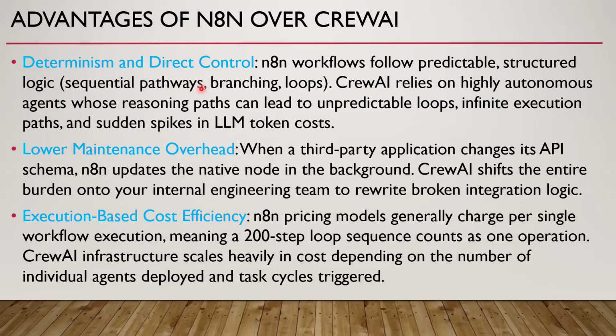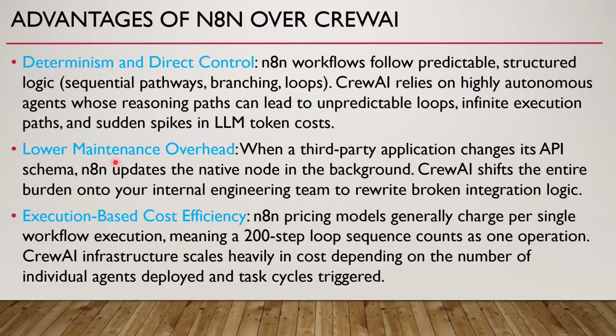Crew AI also has a lot of tools available, but they are used in the form of Python functions. Determinism and direct control: N8N workflows follow predictable structured logic, whereas Crew AI relies on highly autonomous agents whose reasoning paths can lead to unpredictable loops, infinite execution paths, and sudden spikes in LLM token cost. So this may happen sometimes, although these can be avoided.